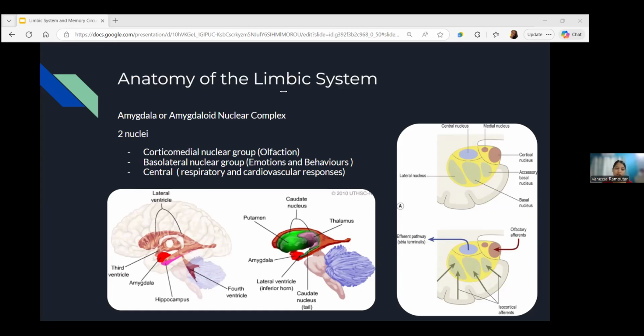It receives its primary blood supply from the anterior choroidal artery and branches of the middle cerebral artery. When discussing the amygdala functions, we consider two nuclei: the corticomedial nuclear group, which aids in olfaction, and the basolateral nuclear group, which aids in emotions and behaviors.